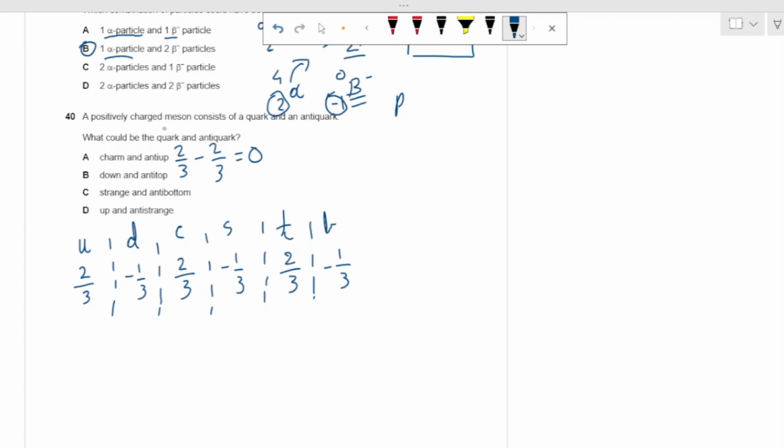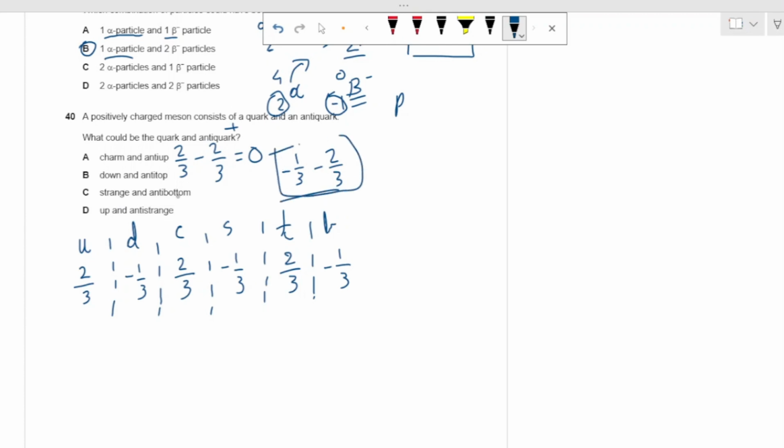0 is not a positive charge. It must be some sort of positive charge. Doesn't matter what number, but it can't be 0. Now let's look at the down and the anti-top. Down is minus 1 by 3 and the anti-top, top was 2 by 3, so anti-top will be minus 2 by 3. Again, that is wrong because we're just getting a whole negative charge.